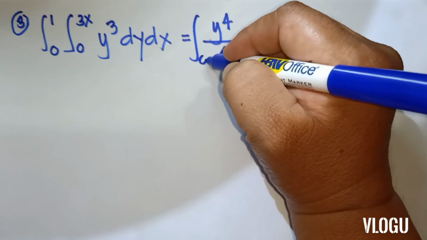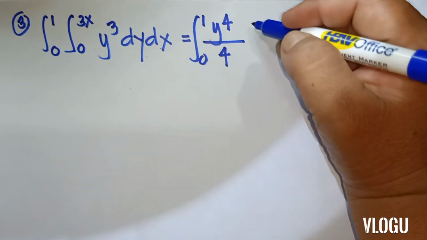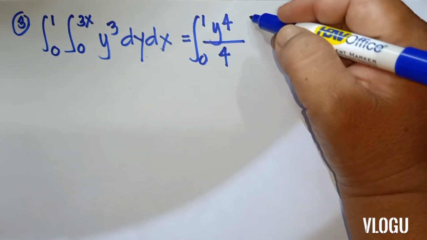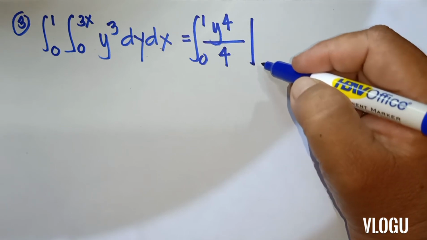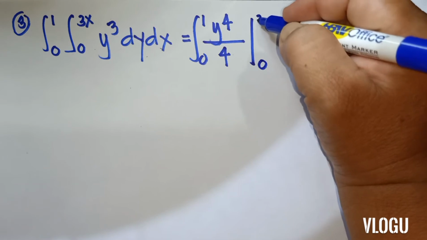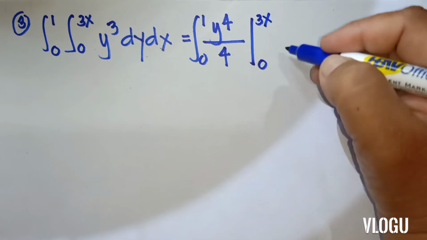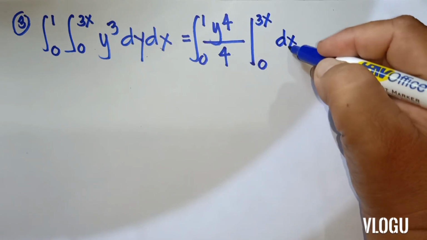So you still have 0 to 1 here, evaluated from 0 to 3x, dx.